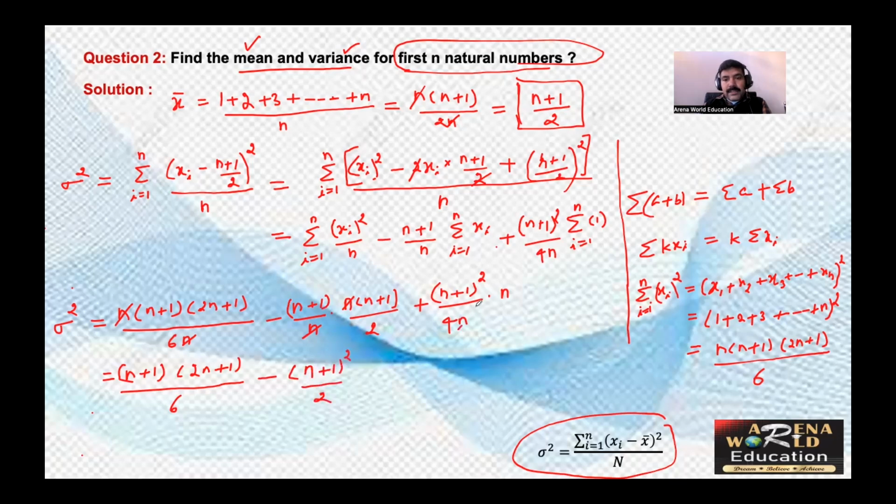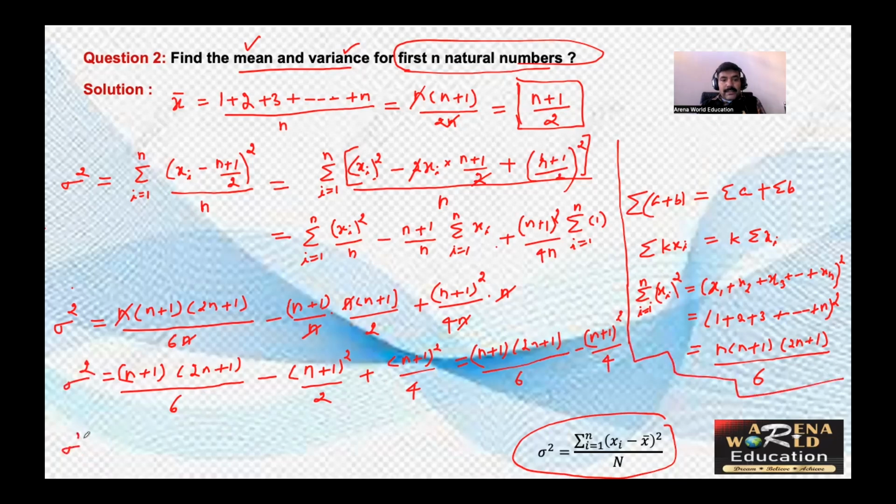And last term is, this n and this n is cancelled out, this will be (n+1) whole square divided by 4. Now this will be equal to what? This will be equal to (n+1) as it is, (2n+1) divided by 6. And look at this one, these are the like terms. So after solving this, after taking LCM, we will get (n+1) whole square divided by 4.